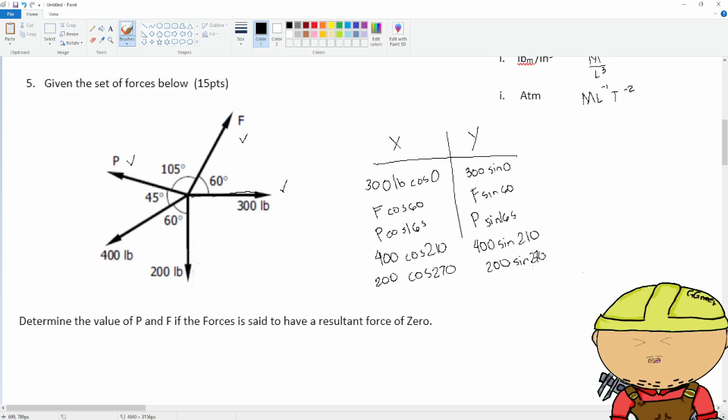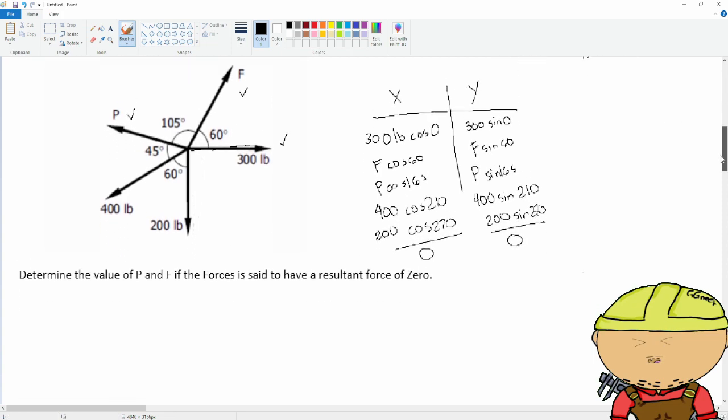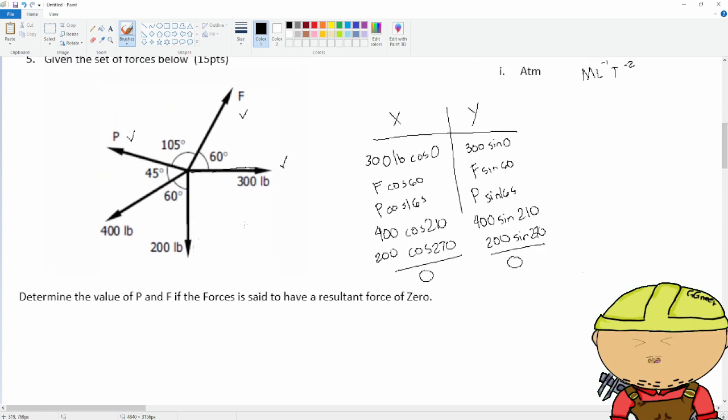Determine the value of P and F if the forces are said to have a resultant of 0. Always read the problem, always do your component method, and always check your diagram. Don't be afraid of checking your diagram. Always check the degrees, and we always use them with respect to the x-axis.